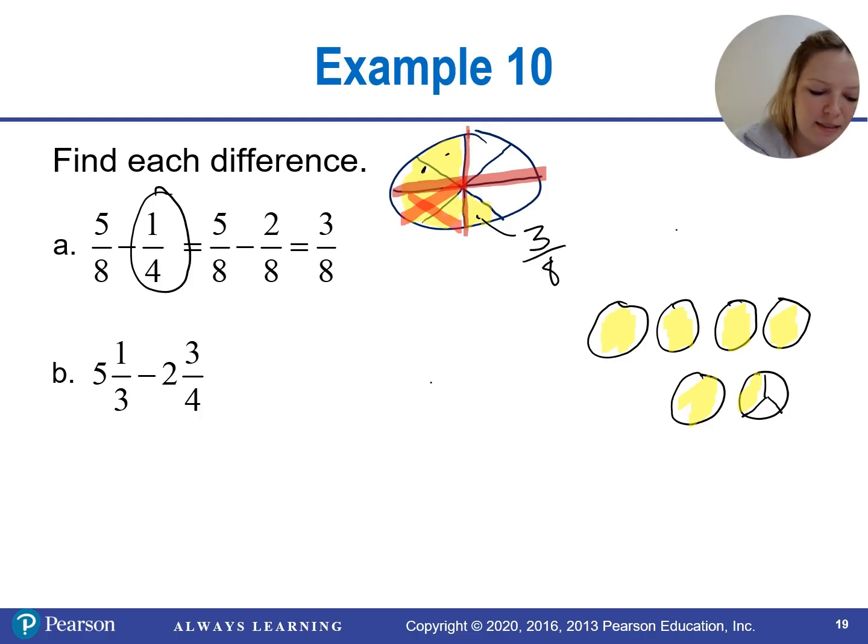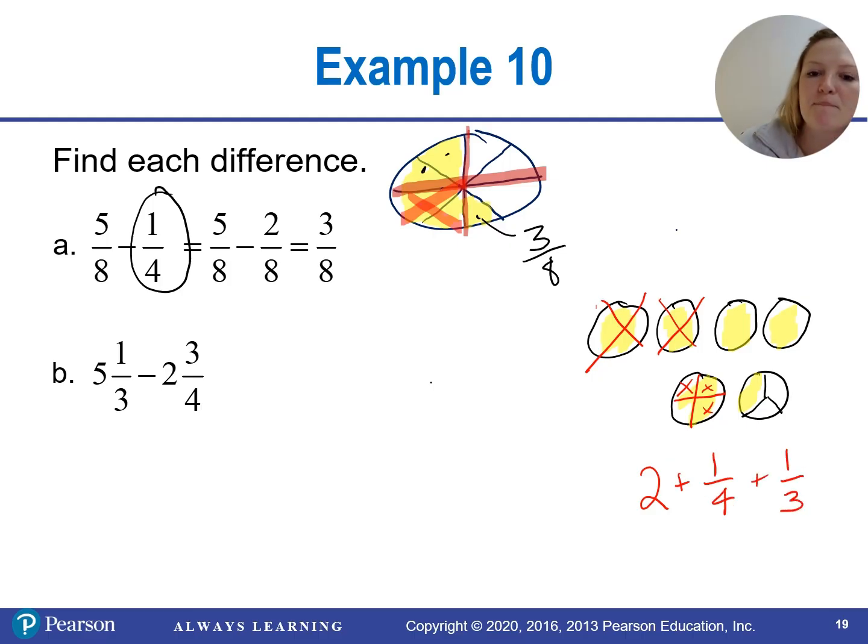So I could say, all right, goodbye, 2 wholes, and then I need to take away 3/4. I could even take away 3/4 from one of my wholes, and so I'm left with 2 1/4 and 1/3. Then I would need to have a common denominator.